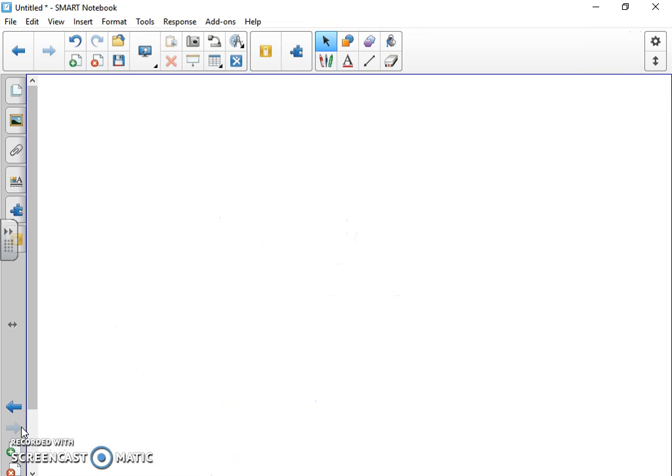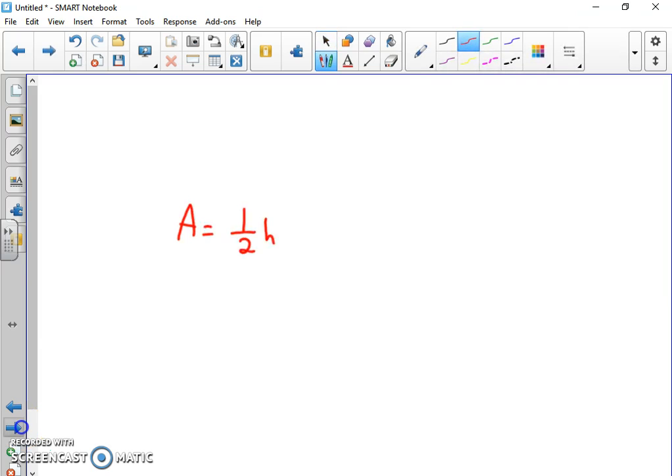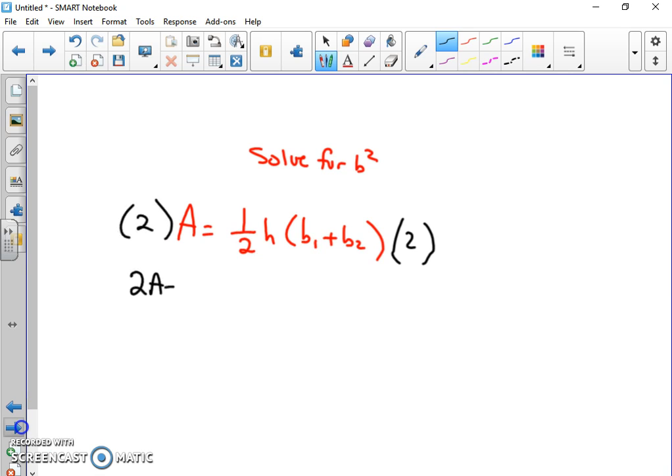All right, let's look at the next one. A equals 1/2 H times B1 plus B2. Oop, that didn't look like a 1, it looks like an I. And we want to solve for B2. Okay, so let's check this out. Fraction, and we have all multiplication. So let's get rid of the fraction. So we're going to multiply both sides by 2. So that's 2A equals, let's cancel this out, H times B1 plus B2.